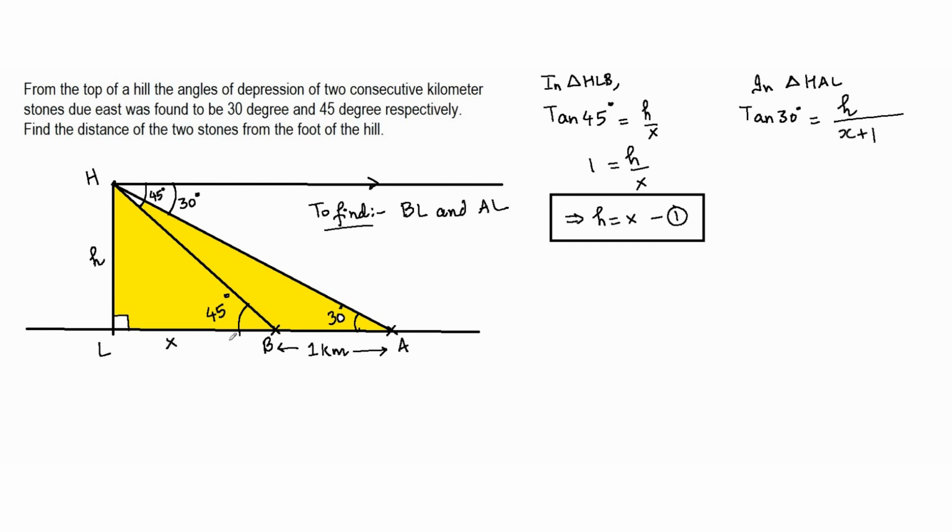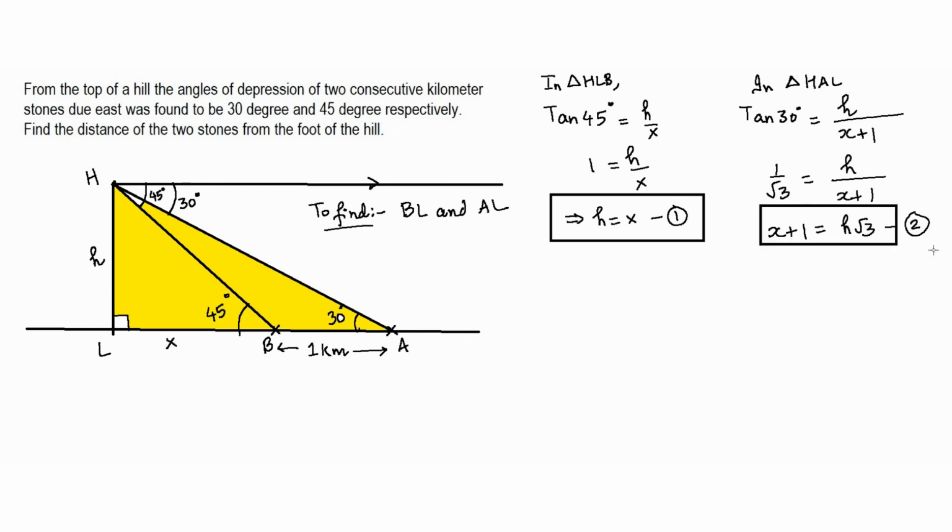If you notice, LB is x and BA is 1, and therefore LA is equal to x plus 1. Therefore, here I am assuming that all the distances h and x are measured in kilometers, because this is 1 kilometer. Therefore, 1 upon root 3 is equal to h upon x plus 1, and therefore x plus 1 is equal to h root 3. This is my second equation.